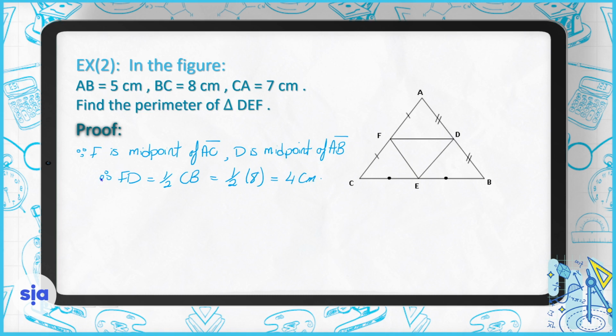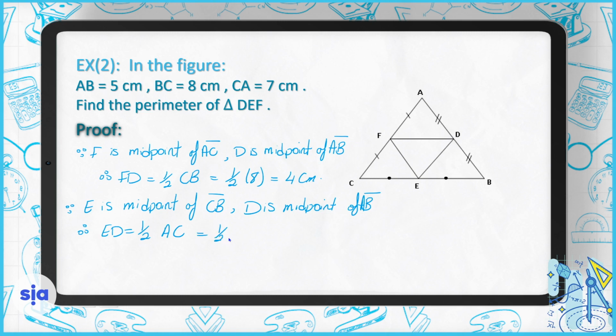By doing the same thing again, since E is the midpoint of CB and D is the midpoint of AB, therefore ED is half AC, which is half of 7, that is 3.5 centimeters.